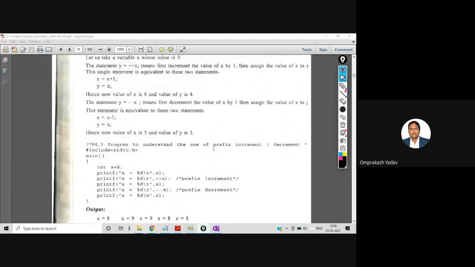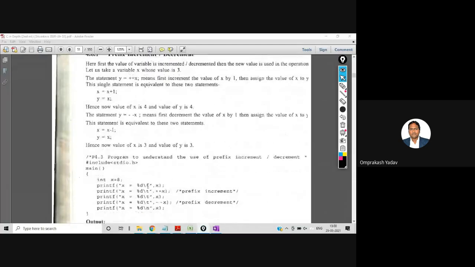Just tell me the output of this one. Here we have the pre-increment or pre-decrement, exactly similar to the previous problem. So just let me know the output of this one.